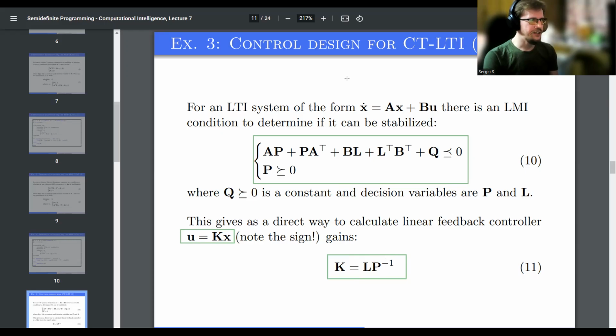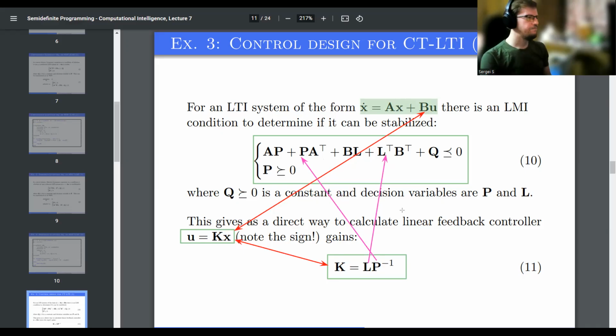So this system here would be stabilized by this control law with this K matrix, where P and L are solutions of the equation that we see above. So L comes from here, P comes from here. Okay.